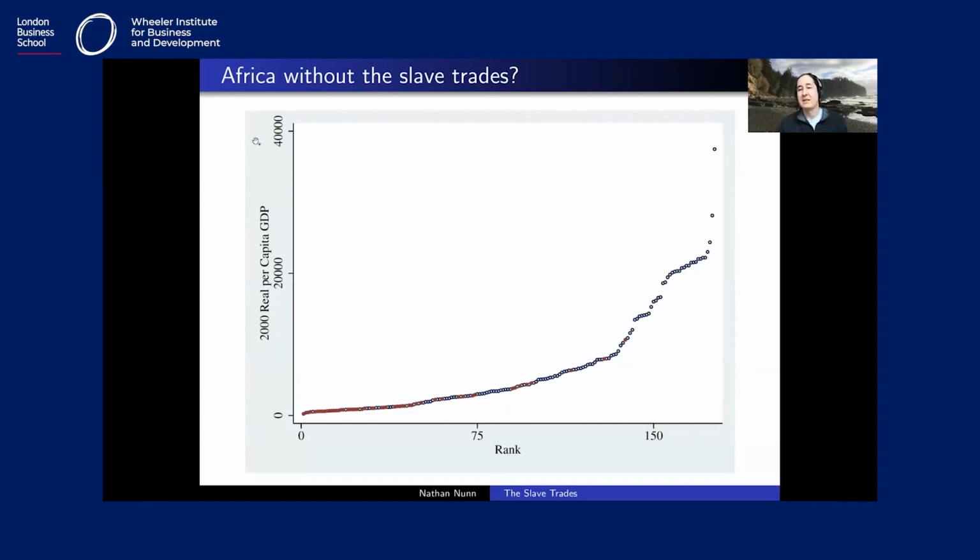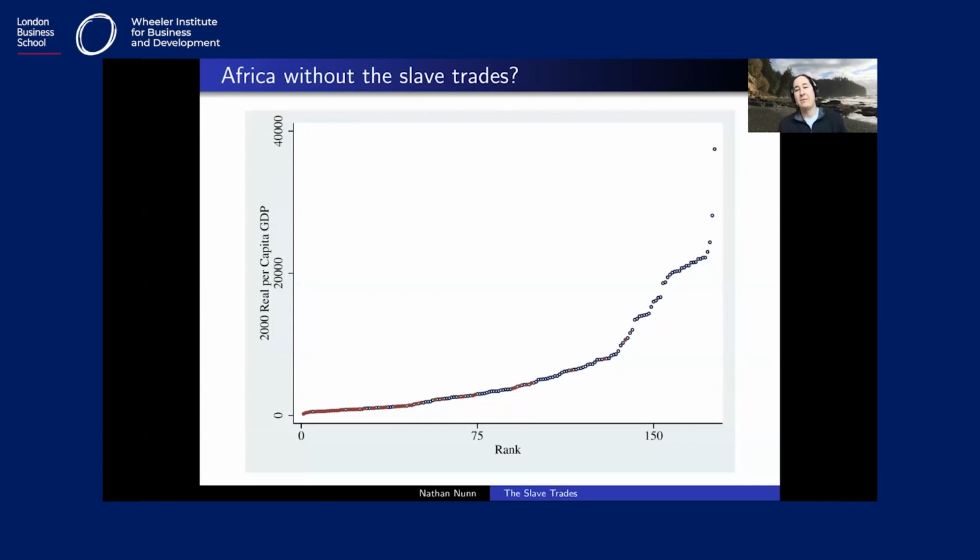So from all of that statistical analysis, we have estimates of the effect of enslavement on income per capita today. And for each country, we know how much enslavement there was. So we can calculate a counterfactual: what would their income have been if, instead of tens of thousands, hundreds of thousands of enslaved individuals taken from that country, zero were taken?